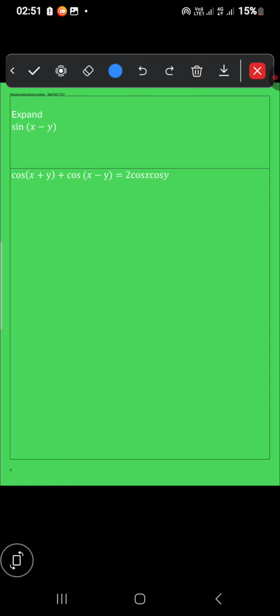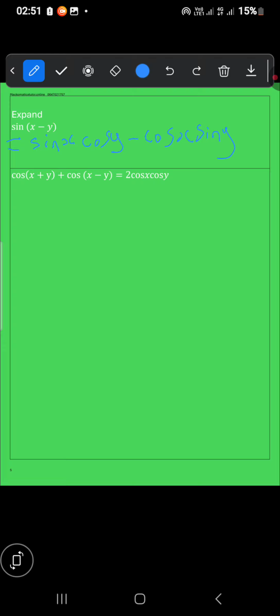Compound angle identity of sine is C co C. So this equals sine of the first angle cos of the second angle minus cos of the first angle, then sine.